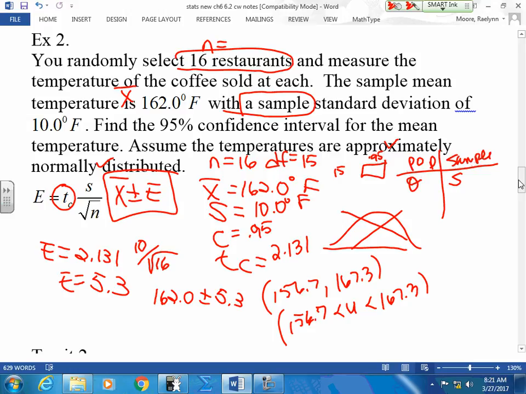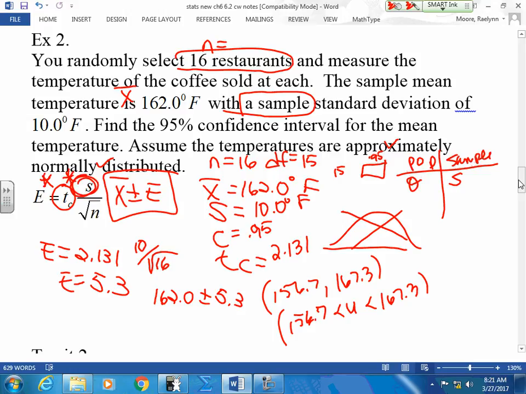I can be 95% confident that my population mean for coffee sold, well, the temperature, will be between 156.7 and 167.3 at this restaurant, wherever it's being sold. The rest stays exactly the same. This is changing. This is changing.